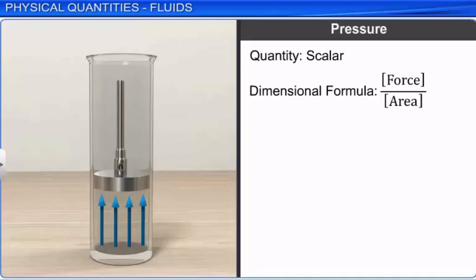Similarly, the SI unit of pressure is the ratio of SI units of force to that of area, which is Newton per meter square, also referred to as Pascal or Pa. Pressure is commonly expressed in atmosphere, symbolically written as atm.